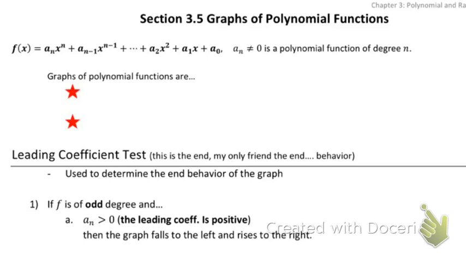So first of all, graphs of polynomial equations are always going to be continuous. That means there's basically no holes or breaks. They're also going to be smooth.